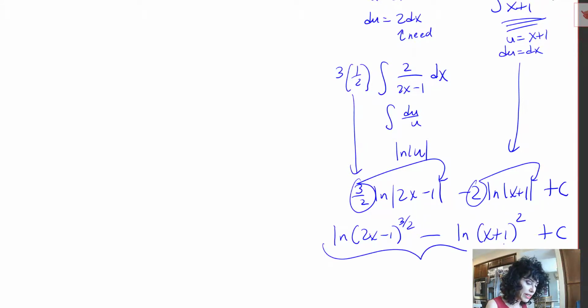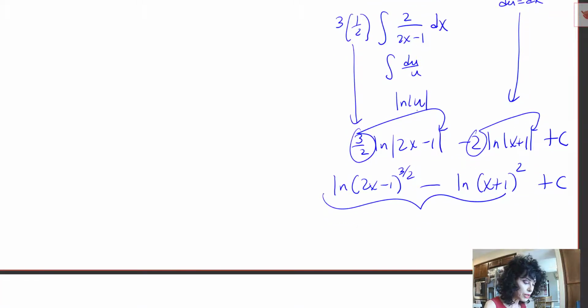And now you have a difference of logs, which means you can condense one more step. You'll have ln of the quotient 2x minus 1 to the 3/2 all over x plus 1, the quantity squared.